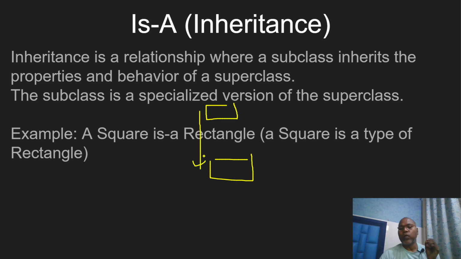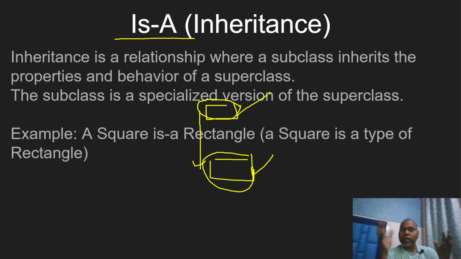We have to ensure there is an is-a relationship. Whatever names you give your superclass and subclass, just read: your subclass is a superclass or not. If it makes no sense, don't use inheritance.